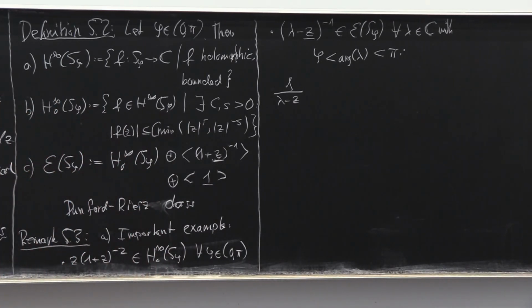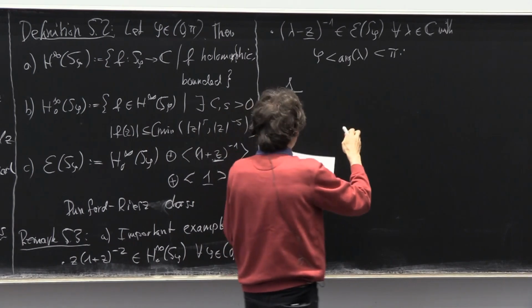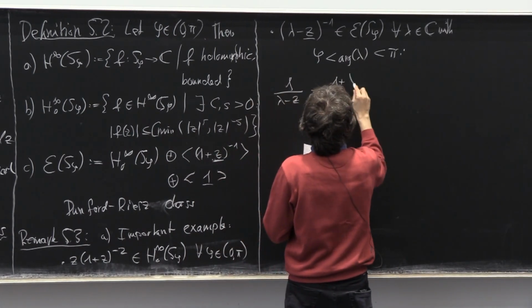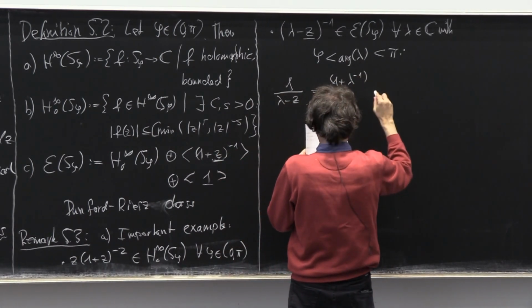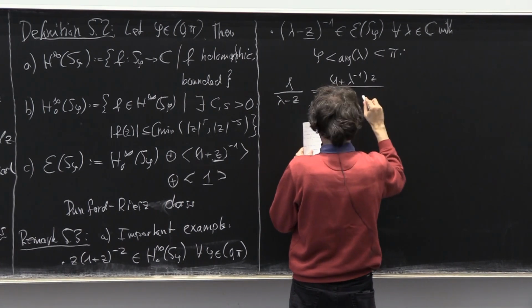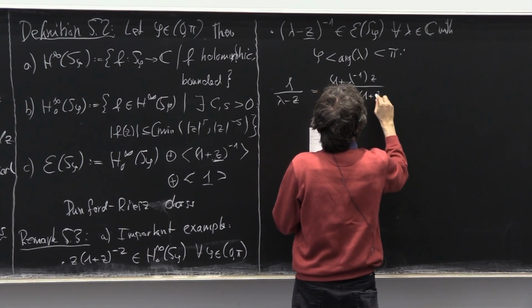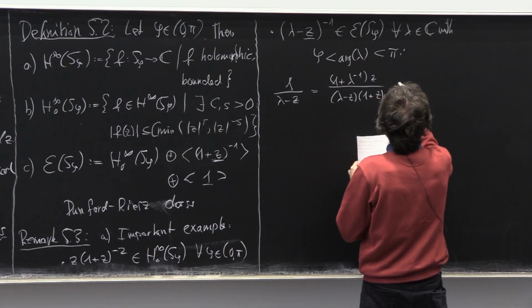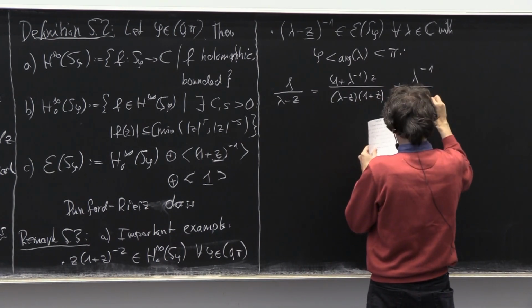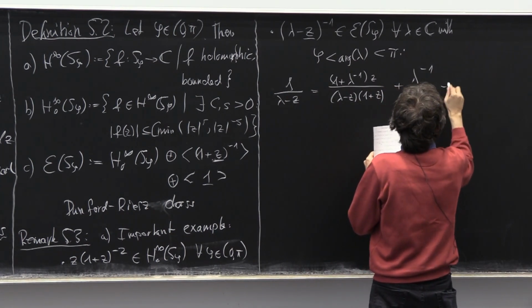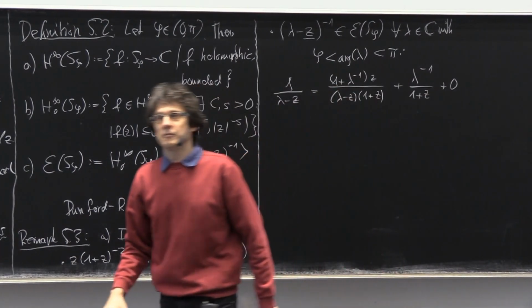So this is the function that we want to find in here. And you can rewrite that in the following way. This is 1 plus 1 over lambda times z divided by lambda minus z times 1 plus z plus lambda to the minus 1 over 1 plus z plus 0.